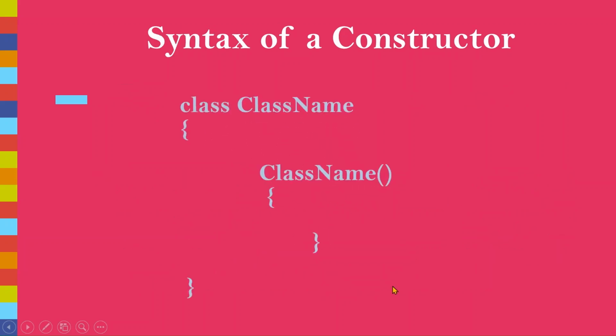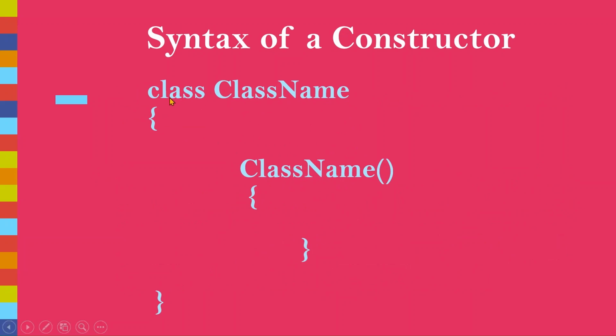Now coming to the syntax of a constructor. This is the class keyword followed by the class name. Then this class name and this constructor name are the same. Here is where we write the parameter list, and we don't have any return type. But we can write access modifiers like public, private, and protected.